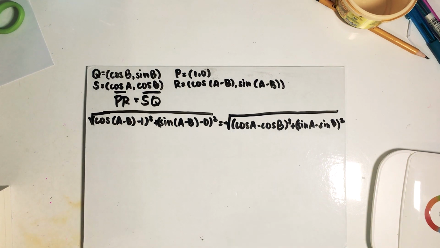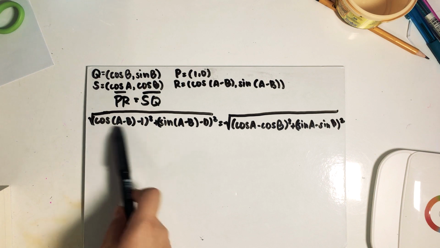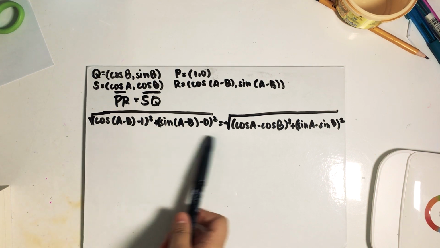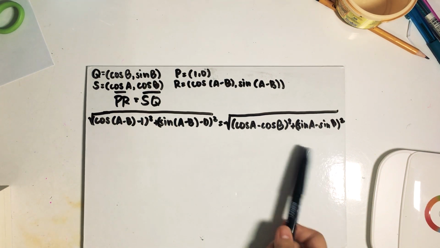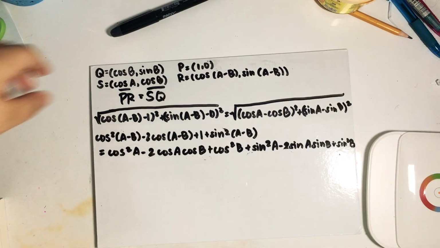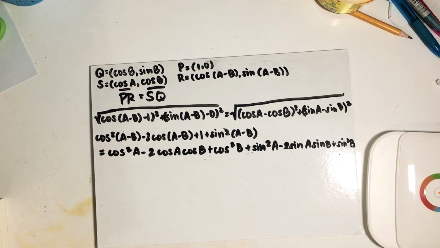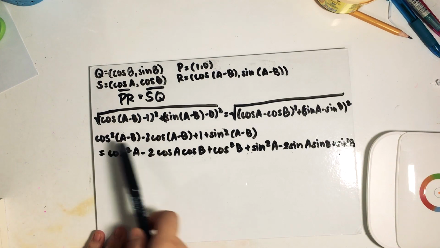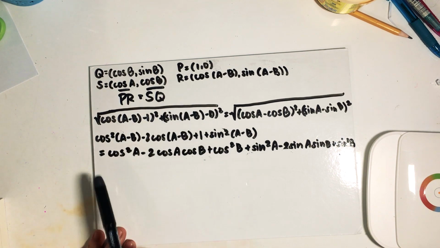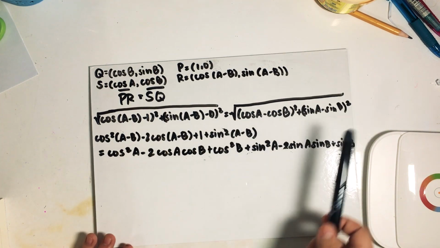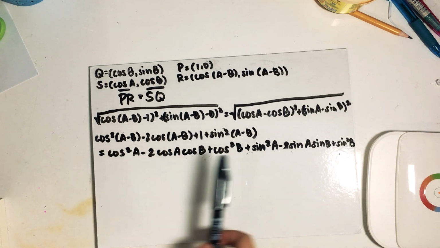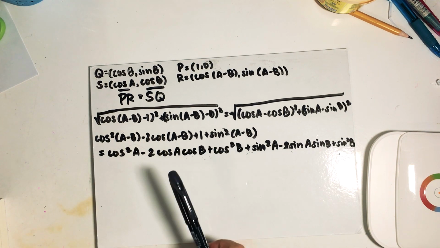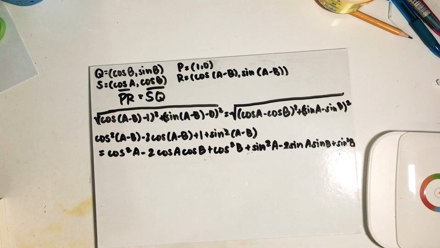So what we're going to do now is use algebra. We're going to expand these functions using the FOIL method. After expanding, this is what we're left with. This is the expanded form of this side, and this is the expanded form of that side. So cosine squared and sine squared should be combined to form 1.